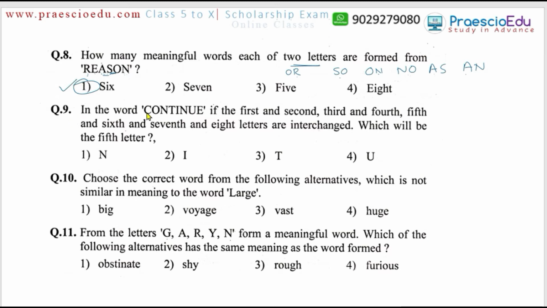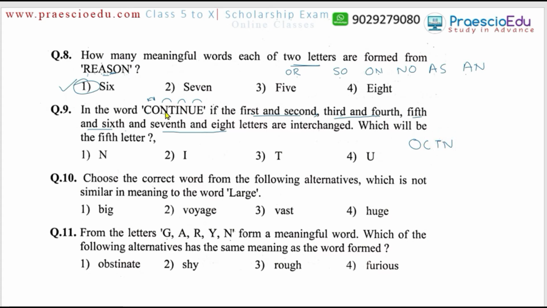Now, question number 9. In the word CONTINUE, if the first and second, third and fourth, fifth and sixth, and seventh and eighth letters are interchanged, which will be the fifth letter? Interchange means here and here interchanging, here interchanging, here interchanging. So we have to first interchange. CO means OC will come. OC means first and second, then third and fourth means here NT, that will be TN.